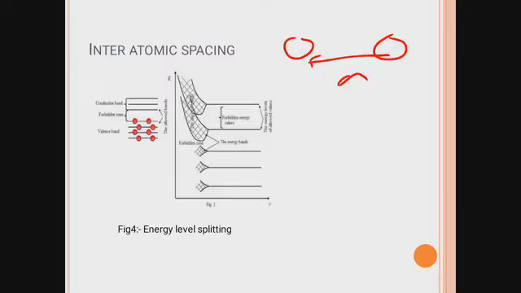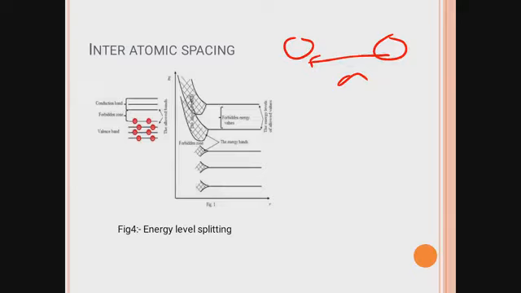Now, what is happening if the interatomic distance is shorter? The electrons of atom A start seeing the second atom B and they get influenced by it. So what will happen? After a certain distance, or after a certain point, the energy level will split up.